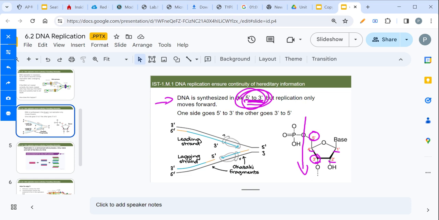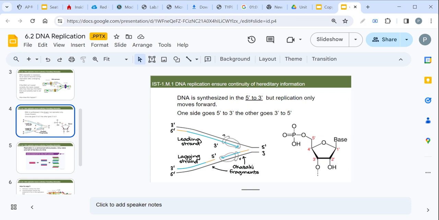Now, let's take a look at our picture, because this is where I'm going to start to break your brains a little bit. We have DNA. Keep in mind, your DNA is anti-parallel. So it's 5 prime over here and 3 prime over there, but it's 3 prime over here and 5 prime over there. Take a look at our image. What direction is the DNA replication happening? It's going this way.